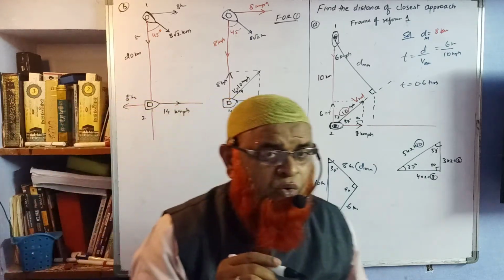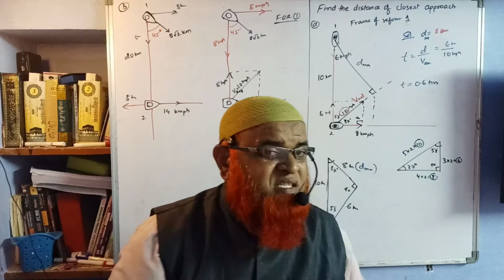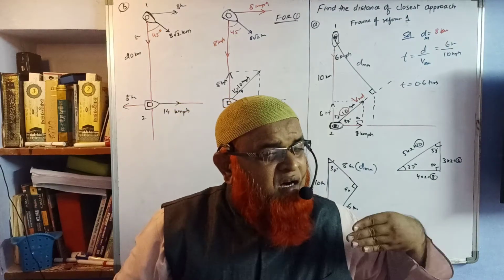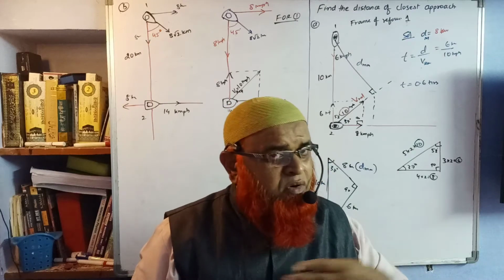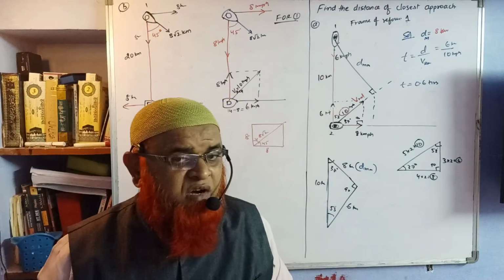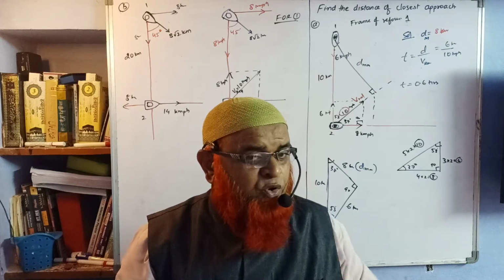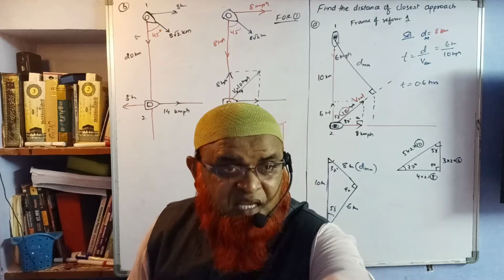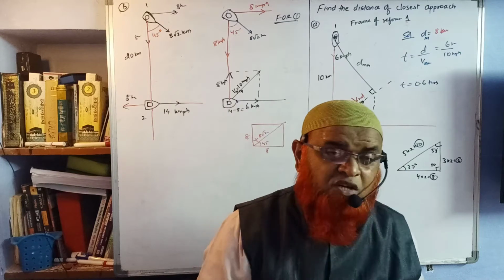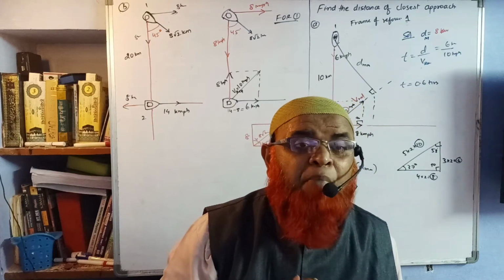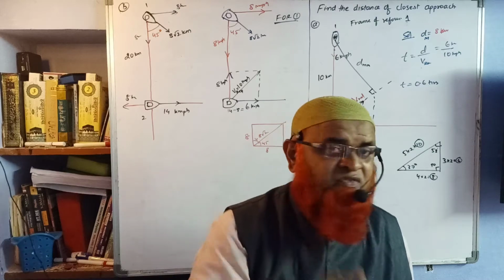So for you, even though the second boat has 14 kilometers per hour, you feel that it has only 6 kilometers per hour with respect to you, because you are going to become the frame of reference. I am solving the problem by considering you as the frame of reference here.